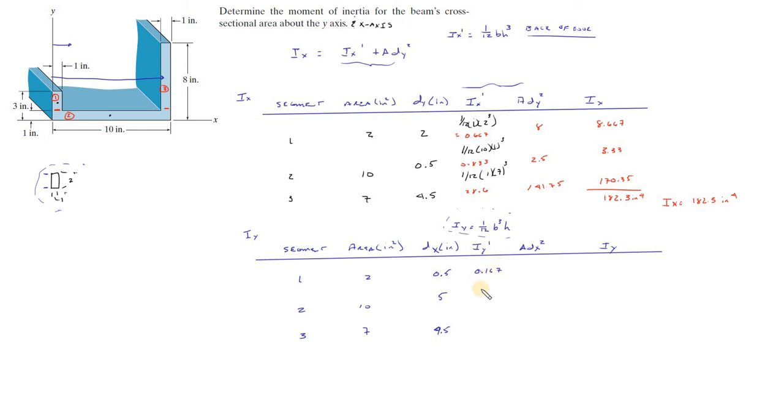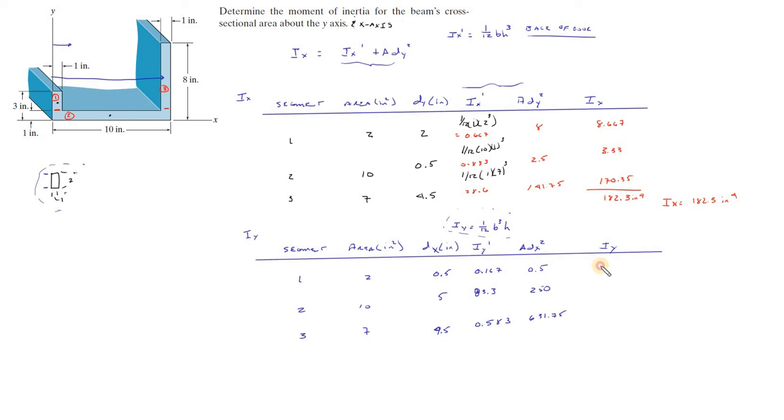Just plugging them in, I get 0.167, 83.3, and 0.583. And then again, multiplying area times the dx squared, I get 0.5, I get 250, and I get 631.75.